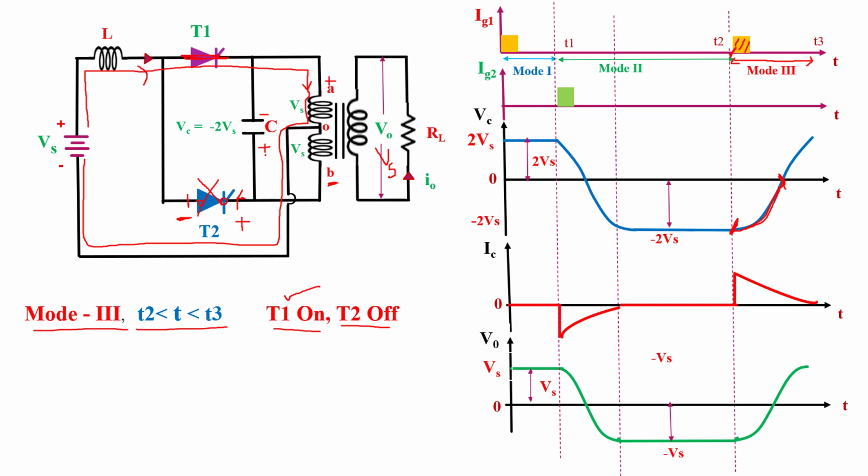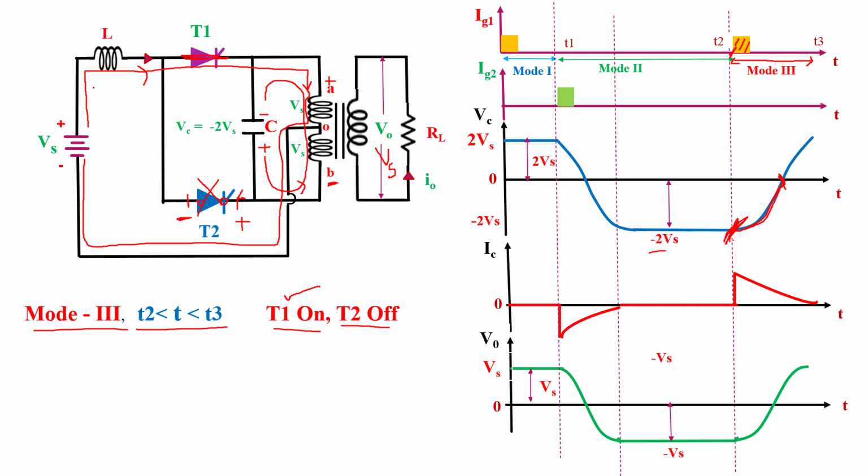And the second property of a capacitor is, once the capacitor is fully charged, after that it will release its energy. So at time instant t2, the capacitor is fully charged with minus 2 Vs voltage. So again the capacitor will release its energy, having this polarity at time instant t2, in this direction.